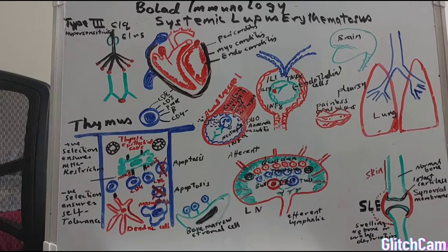Only 5% of T lymphocytes exit the thymus gland, and around 95% of thymocytes arriving at the thymus will be killed by apoptosis.